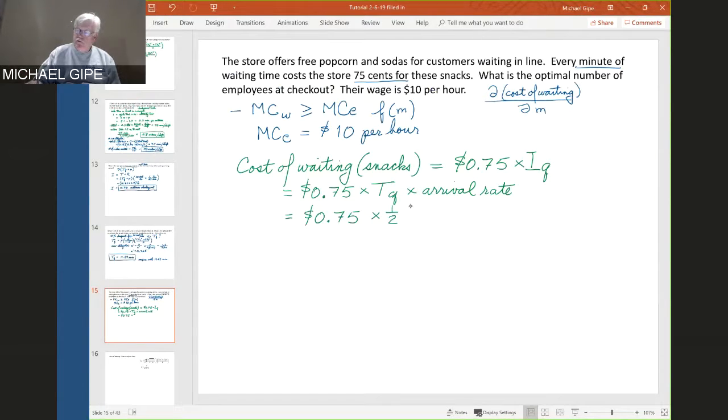Half of a customer per minute, that's the arrival, times the time in queue, minutes per customer. And I haven't put a number in there yet because that depends on M, the number of employees.